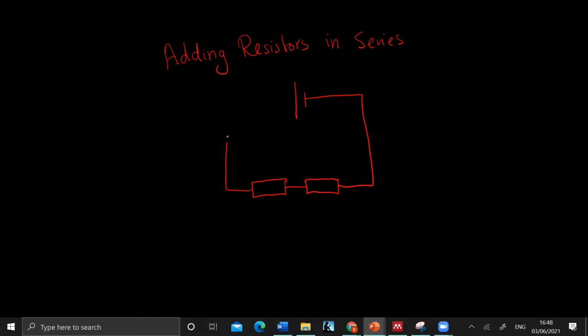One's 5 ohms, one's 2 ohms. We simply add them together. So our total is just R1 plus R2. In this case, it's 5 plus 2 equals 7 ohms. You can have any number of resistors in series and you just add them to get the total resistance. So that's resistors in series.